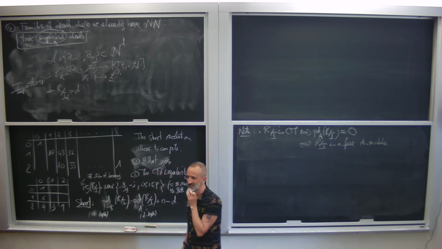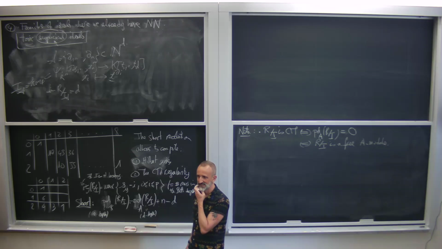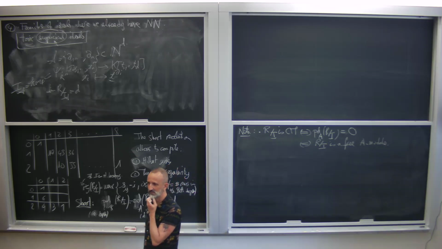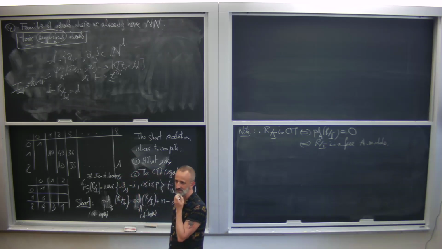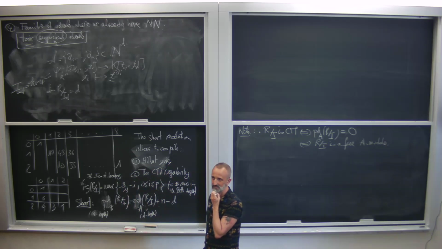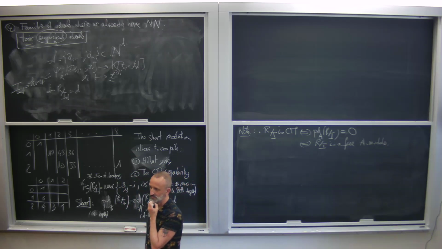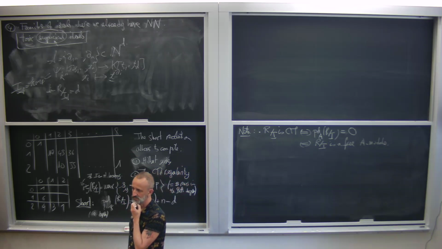Yeah, maybe you're right. I think you can use the ideal generated by all the variables in the same way that you can grade it, as long as the gradings are all positive. Yeah, it's positive.